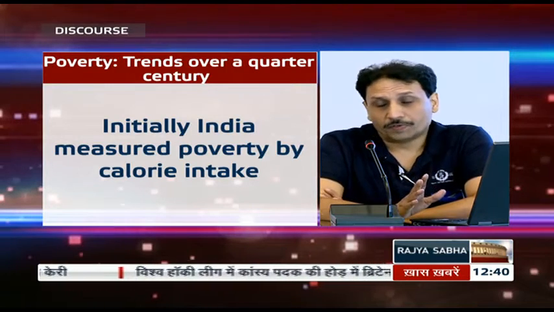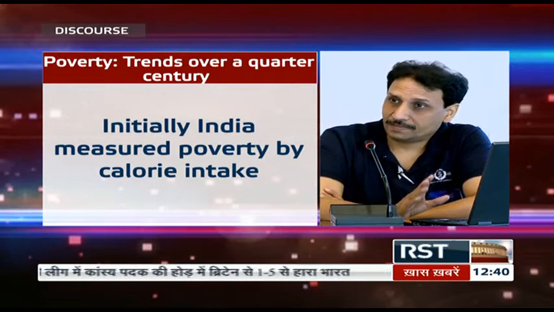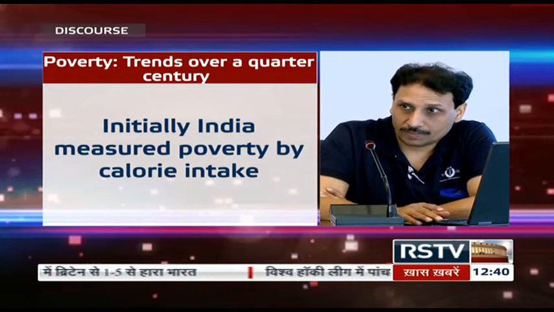Another very important factor behind slight improvement in the economic position is the rise in real wage. When I went in 1988 for unskilled work, the wage in the village was rupees 20, in the slum was rupees 25. Today these wages are 350 and 250 roughly.